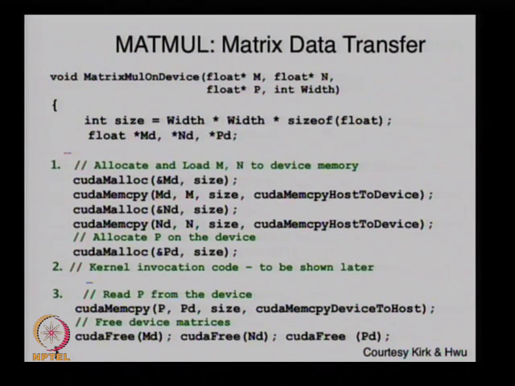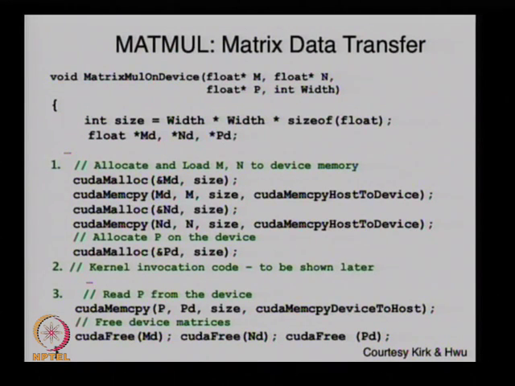So CUDA malloc creates that matrix. CUDA malloc is something you have to do on the host so that the mallocing is happening on the device, and you would do this when you need this pointer on the host, right? If you want to do regular malloc on the device, that pointer is not going to be accessible by the host.